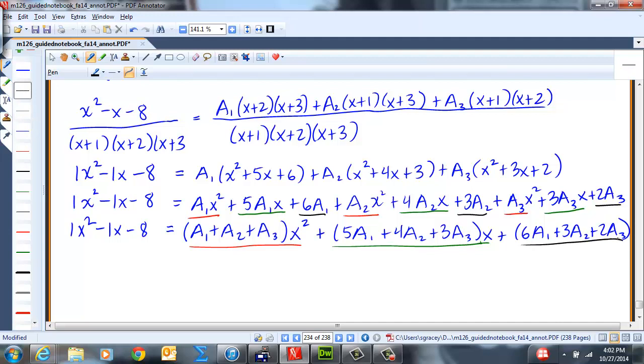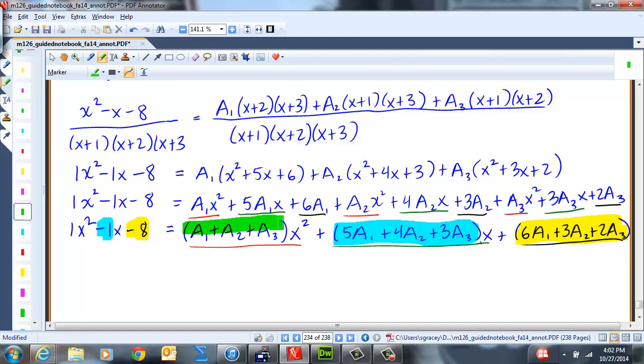So now, here we go. Again, these guys: this one will be equated to the coefficient in front of x, this one will be equated to the constant, and this one here will be equated to the coefficient of x squared.